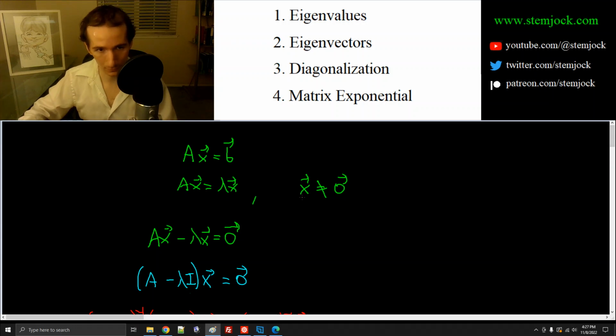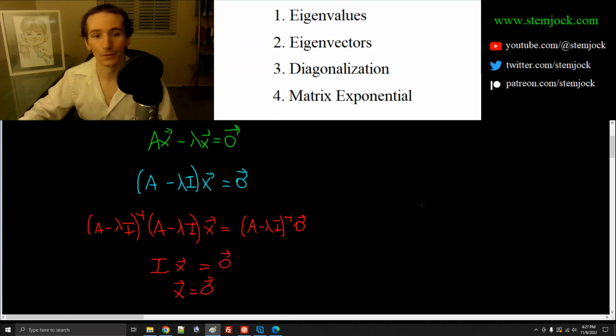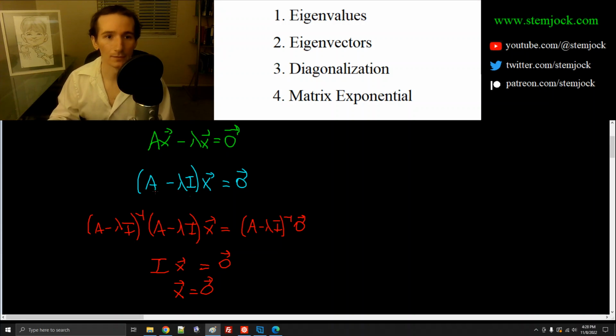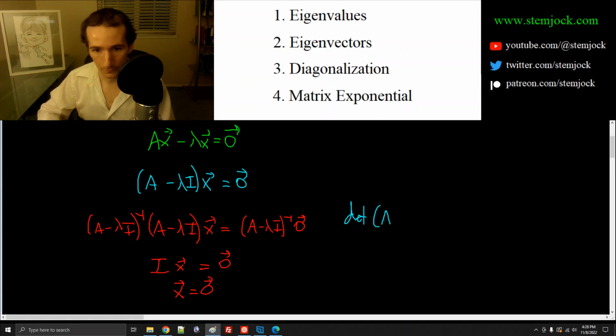We assumed initially that x is not the 0 vector, so the matrix inside the parentheses does not have an inverse. We say that it is not invertible. That means that the determinant of A minus lambda I is equal to 0.